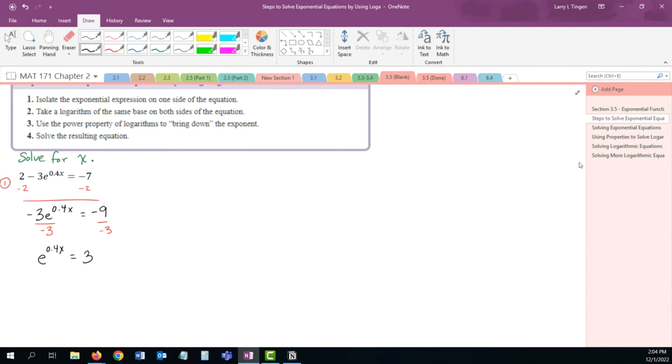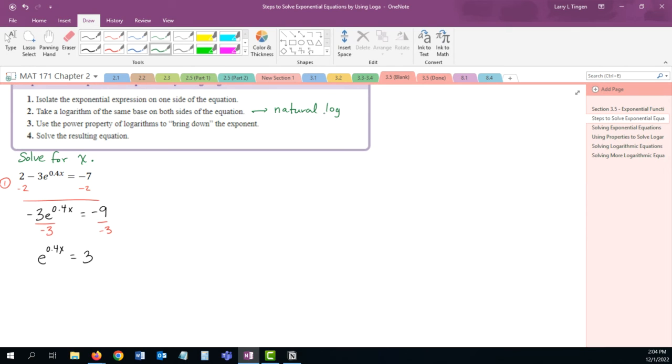Second step, take a logarithm of the same base on both sides of the equation. This will typically be the natural log. And the reason is, like I said, it's easier to write. And then when you get to the final answer, if you have natural logs, you can use your calculator to do them.